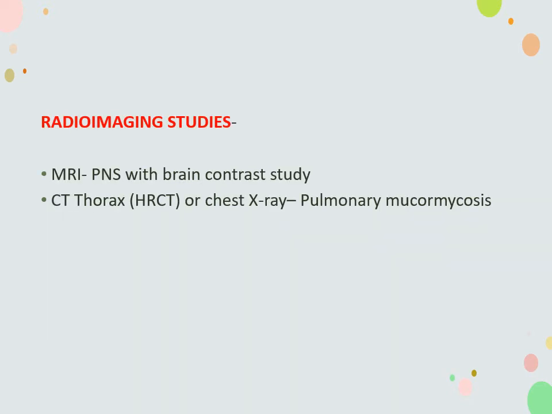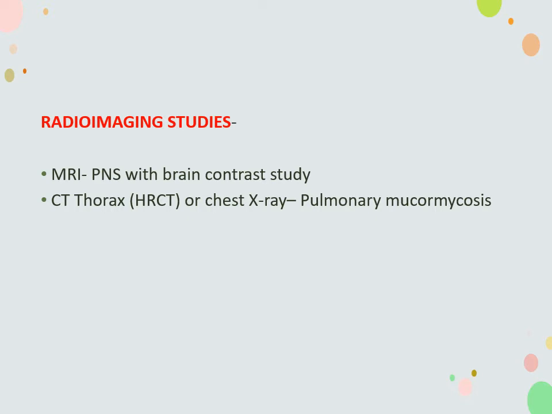Then radio imaging studies. When we are talking about rhinocerebral mucormycosis, as it is very fast, when we are taking a sample for KOH mount or for culture, sometimes we are not able to get any fungus in those samples. So it is better to go for these radio imaging studies, as we can get good results with them.